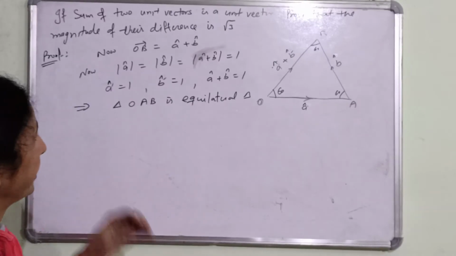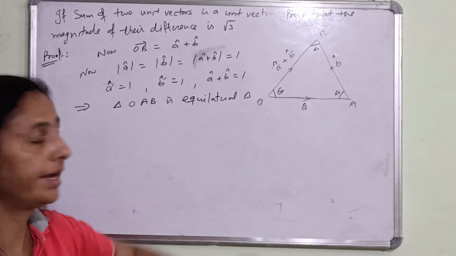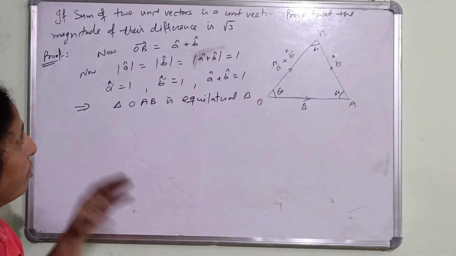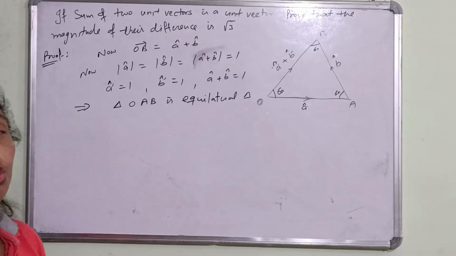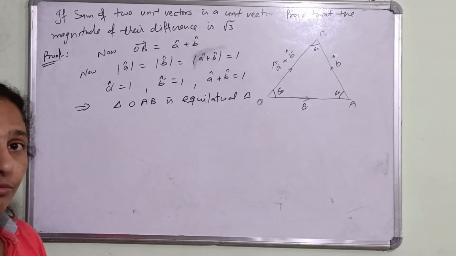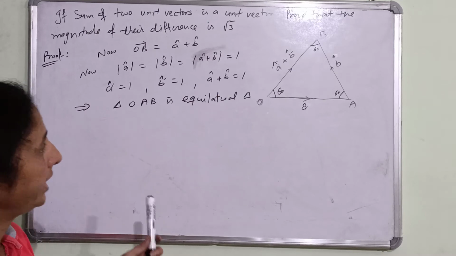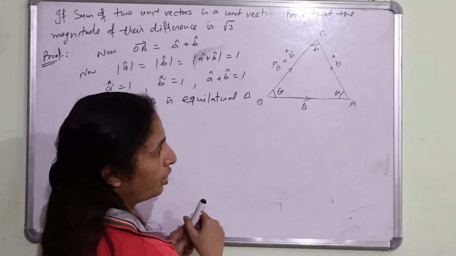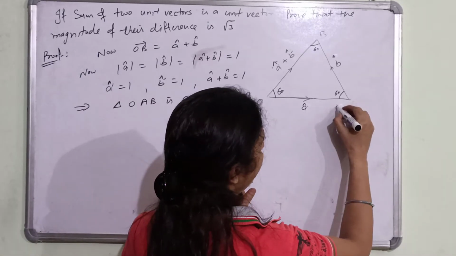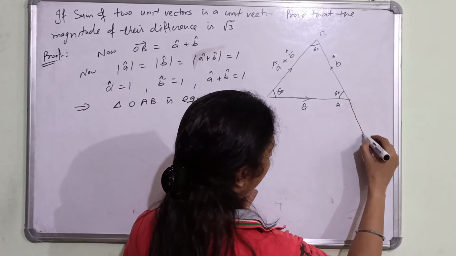Because we have to find the difference, the difference would be here. We have to show the magnitude of their difference. We have to find the magnitude of the difference. So obviously we will reduce this side by this.